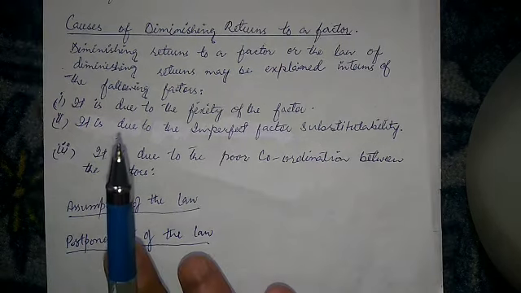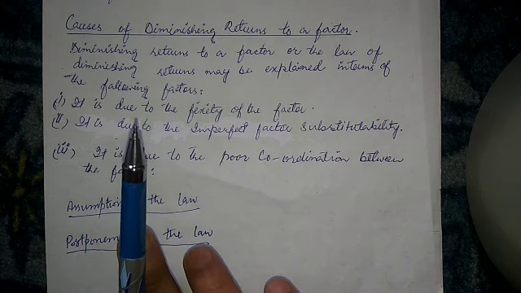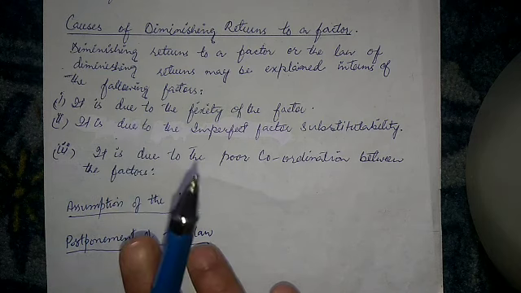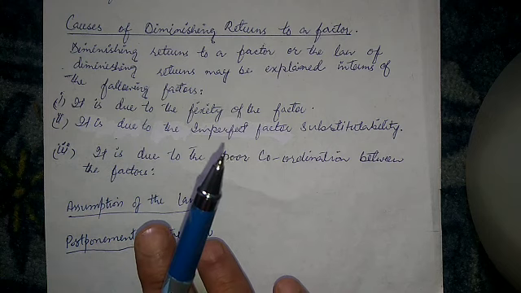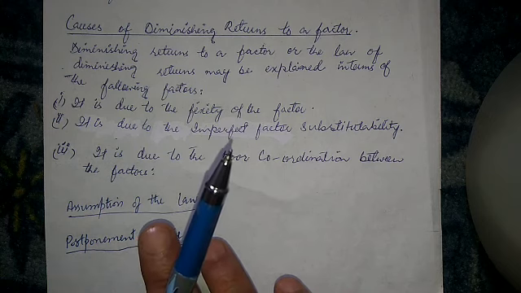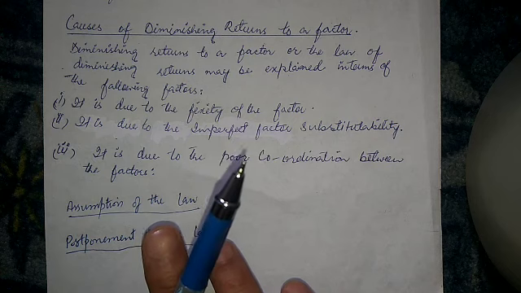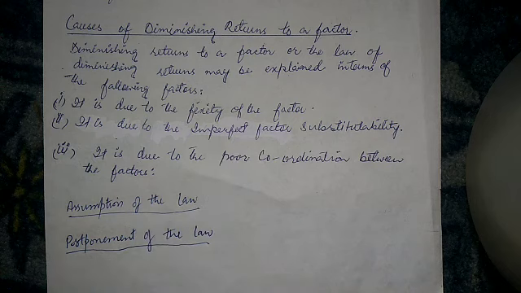Thus, diminishing returns start occurring not because later units of the variable factor are less efficient than the former ones, but because of the fixity of the factor. And third, the state of technology does not change.